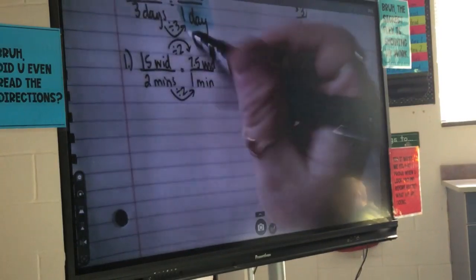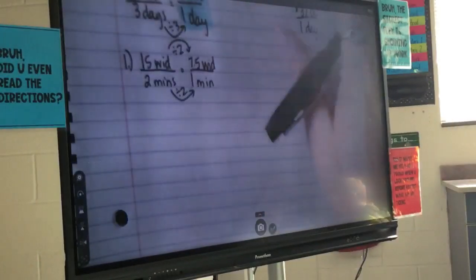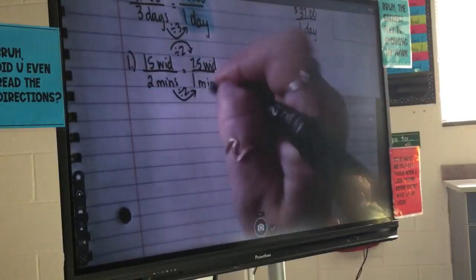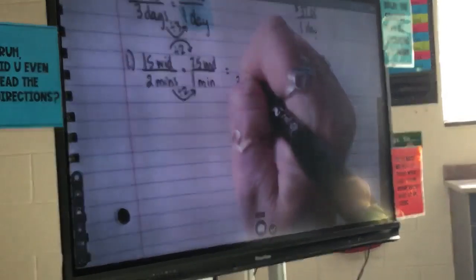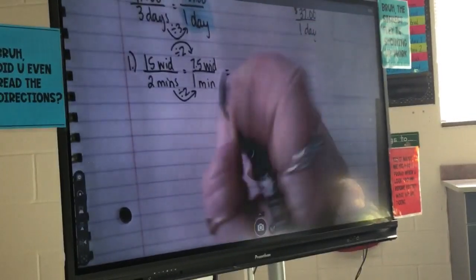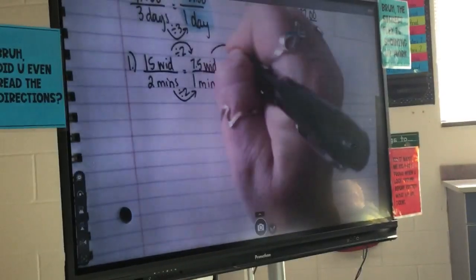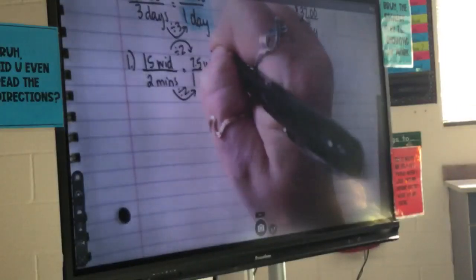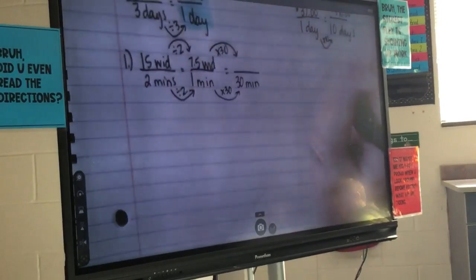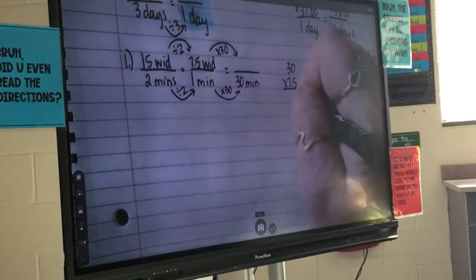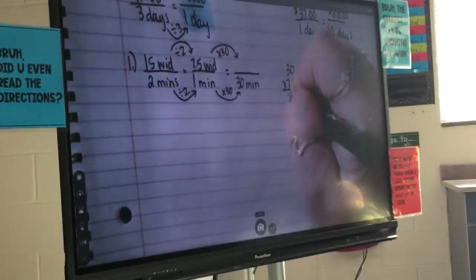So now how do I use this information to answer my question of how many they can make in 30 minutes? What do I need to do, Gabriel? So I'm going to set it up to 30. I'm going to do this times 30 because that's how I go from 1 to 30. And I'm going to multiply 7.5 times 30. Oh, that's a 0.